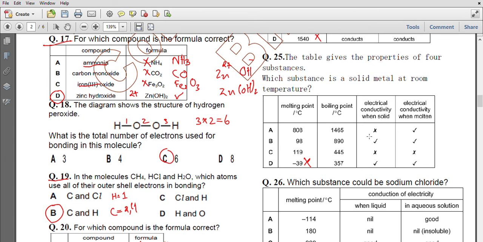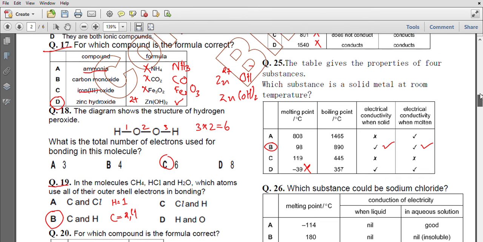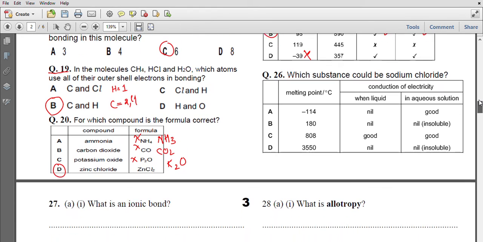So we have to choose option B. Why? As in solid and in molten, both of these states, it conducts electricity. But rest A and C both are non-conductor of electricity in solid state, and we can easily understand that metals are the good conductor of electricity in solid state.